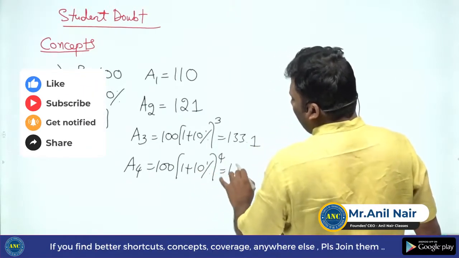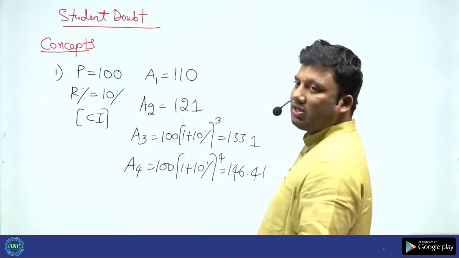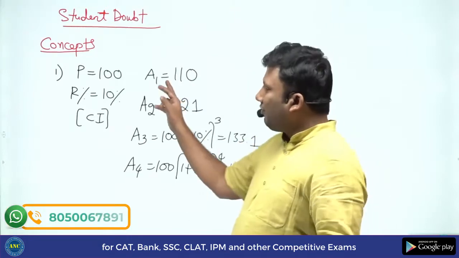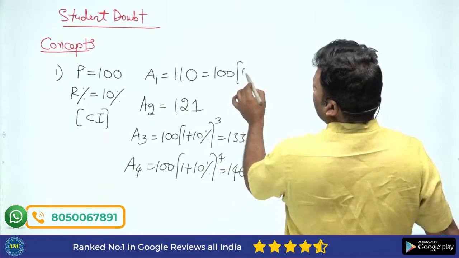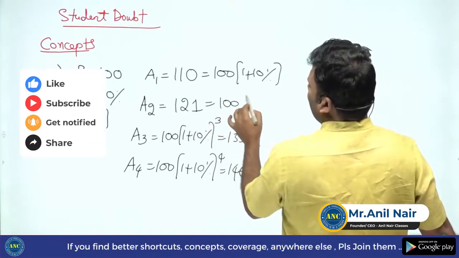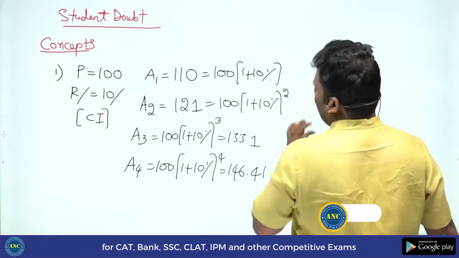We already did it using Pascal's triangle also. It is 146.41. Amount after first year is 100 into 1 plus 10%. After two years, it is 100 into (1 plus 10%) power 2.